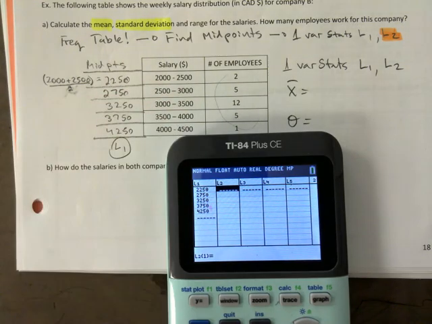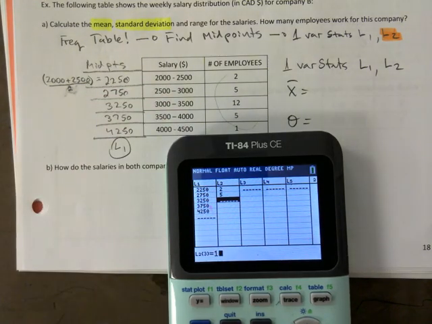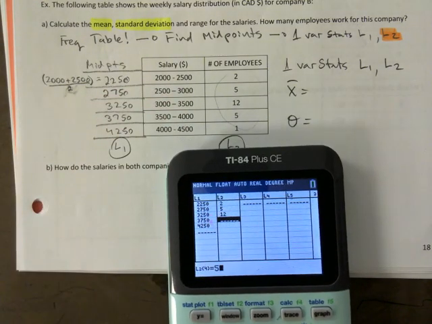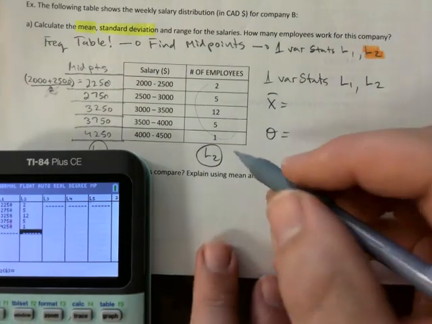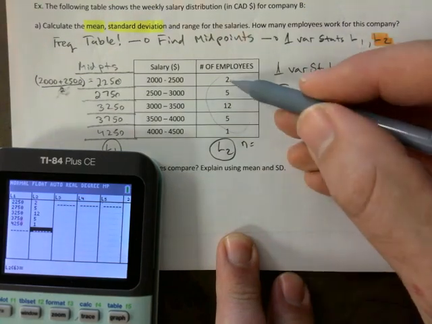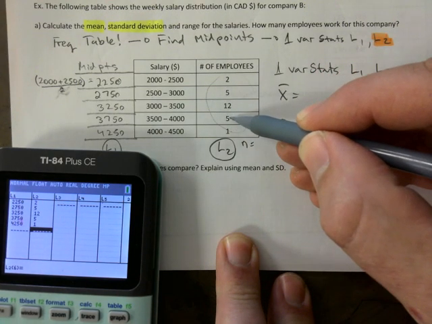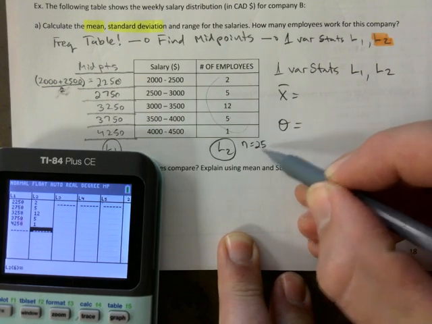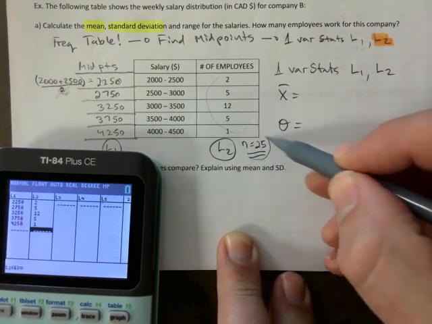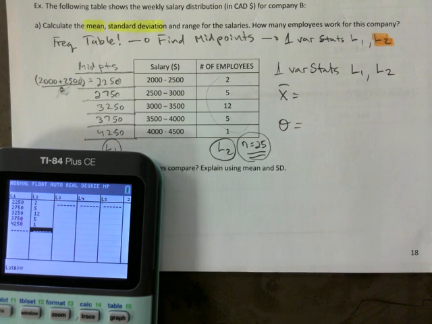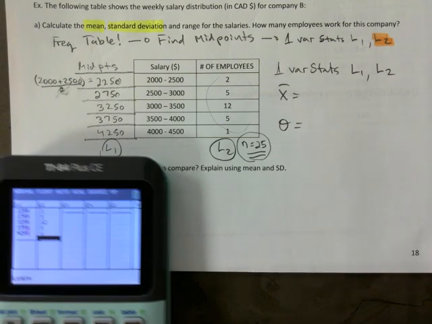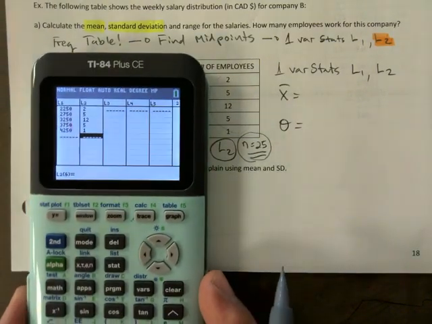Okay, over there you go 2, 5, 12, 5, 1. How many? Let's do the math right away. We've got 7 and 12, that's 19, and 1, that's 20, and 5, that's 25. Make sure you understand this, that you should have 25 at the end of the day. 25 values that we're considering.